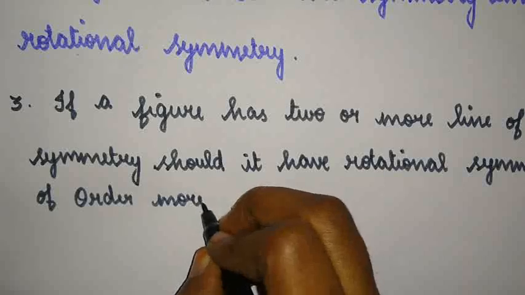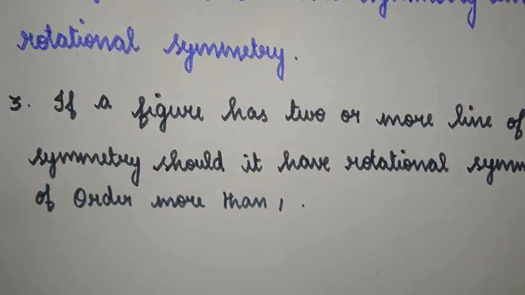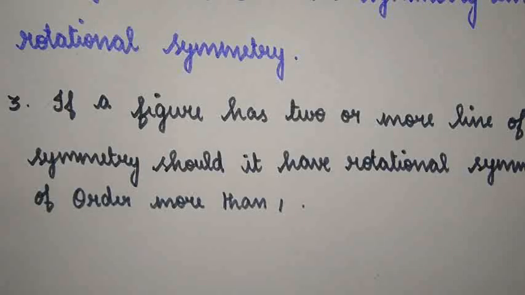This is our question. If a figure has 2 or more lines of symmetry, should it have rotational symmetry of order more than 1?